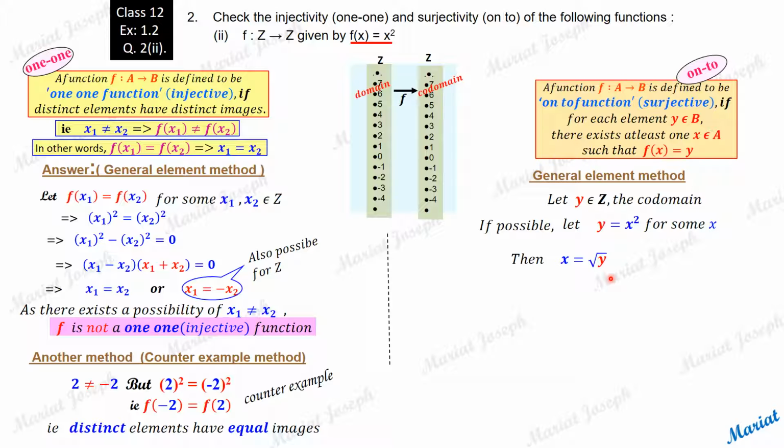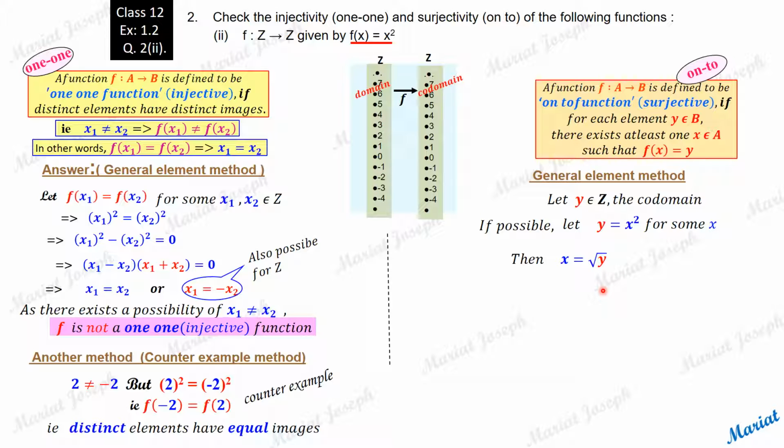Now the thing is, this x that we have obtained, will it belong to the domain? X is an integer, and we take its square root. If that integer was 3, x should be root of 3. Oh, root of 3 is not an integer.